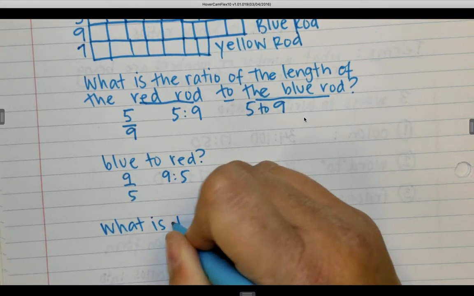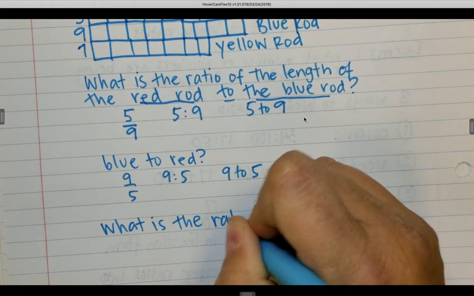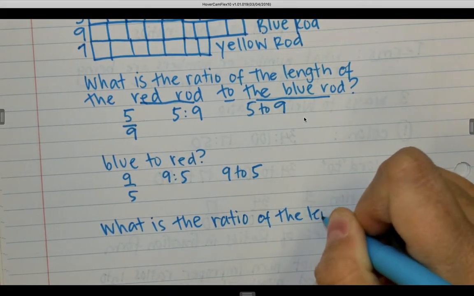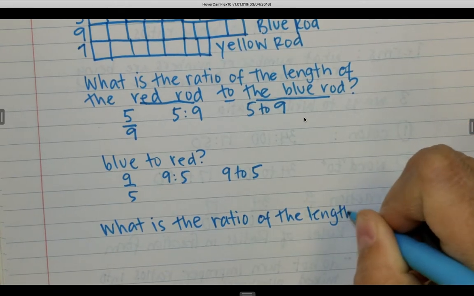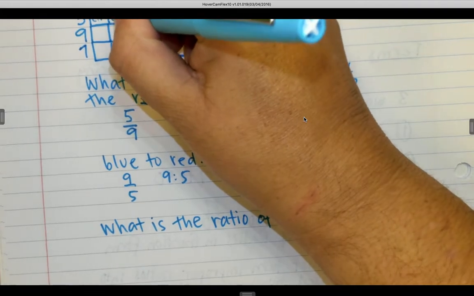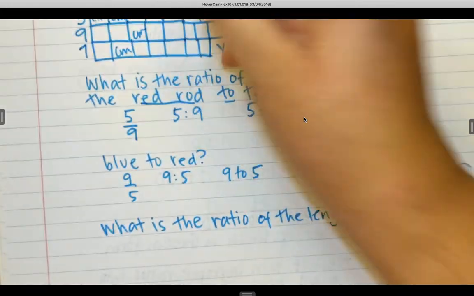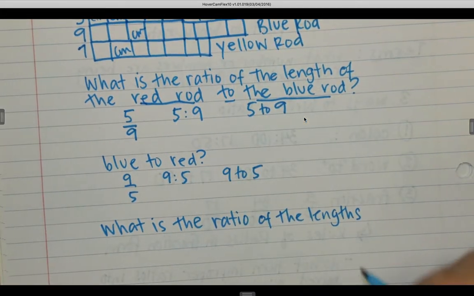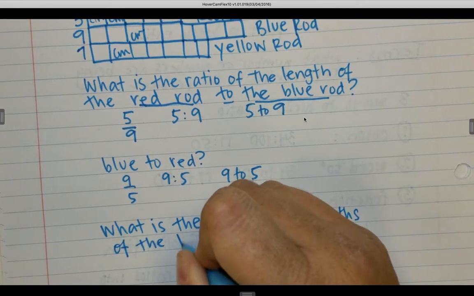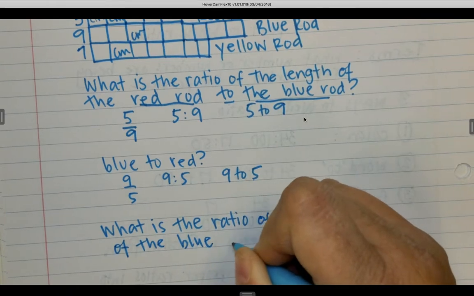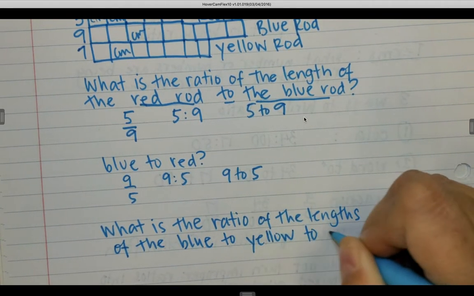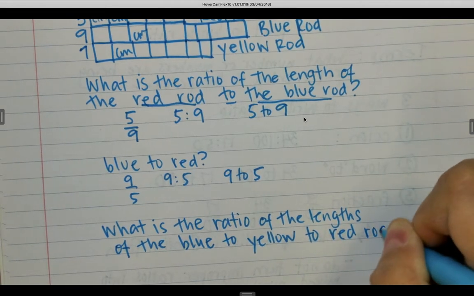What is the ratio of the lengths, and they're all in centimeters. Each one of these little boxes represents a centimeter, right? Of the blue to yellow to red rods.